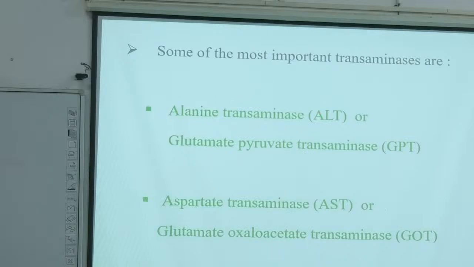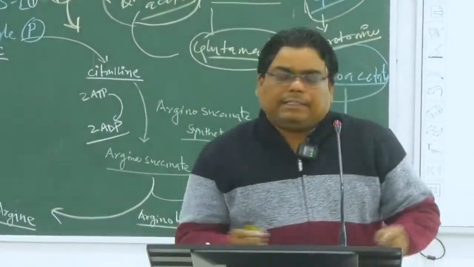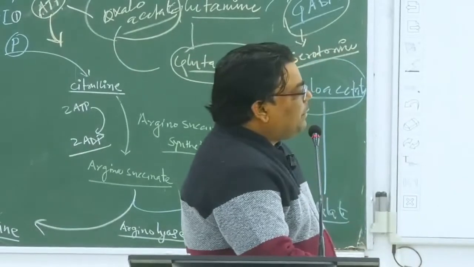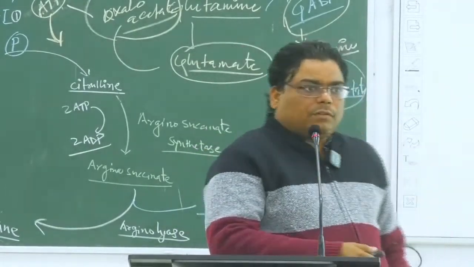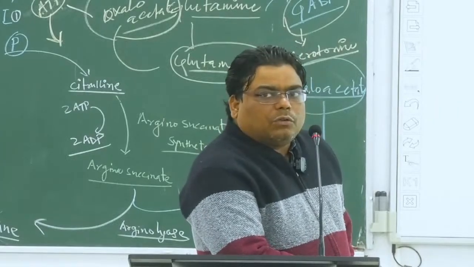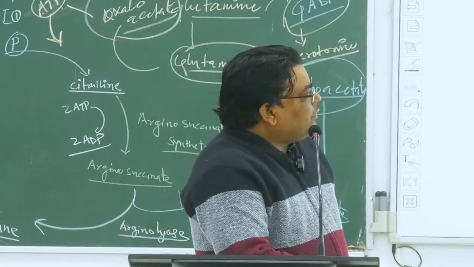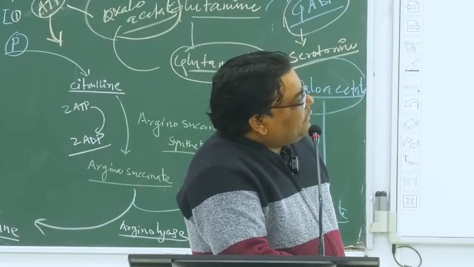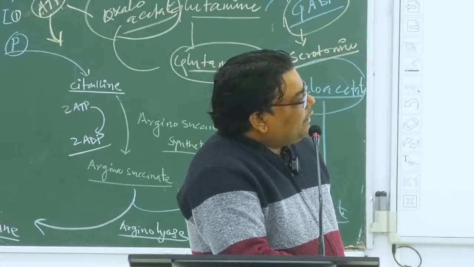In the muscles, the storage form of ammonia is alanine. This alanine is further processed by the reaction alanine transamination, and it is called a glucogenic amino acid. Now listen, L-alanine by enzyme ALT and PLP forms pyruvate and L-glutamate.